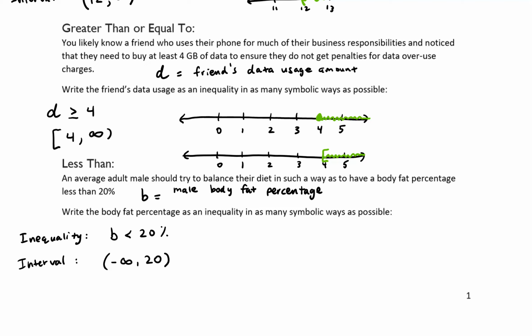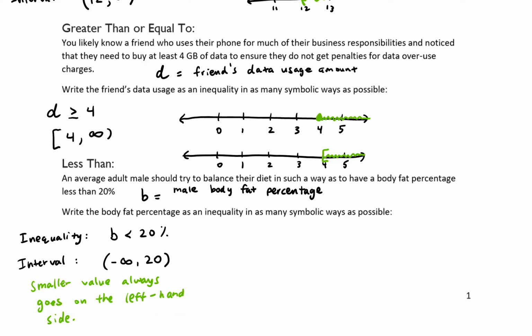And something that I just want to point out with interval notation, the smaller value always goes on the left-hand side. Sometimes students get a little bit confused about that.